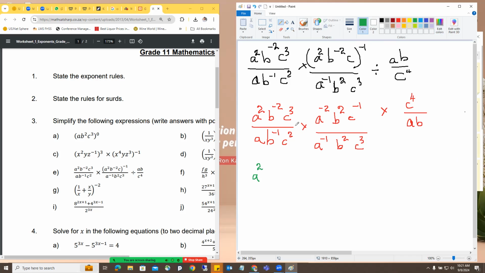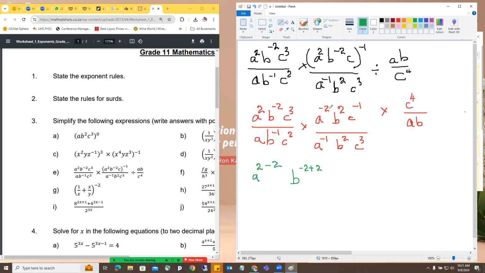If there is any multiplication, then we can add the two powers. If there is a division, then we have to subtract. So I'll first consider the multiplication. All together we have a to the power of 2 minus 2; I just added these two powers. And b to the power of minus 2 plus 2.